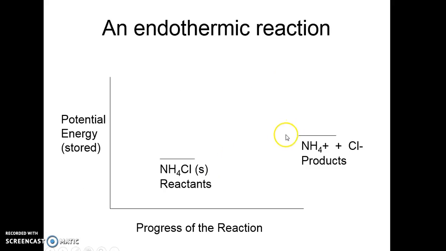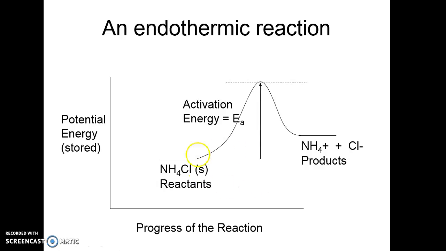Here's a reaction profile for that. Here's the ammonium chloride as a solid, and here is the ammonium and chloride ions in solution. We're going up in energy. This too has an activation energy. Here's the activation energy. Bonds have to be broken before new bonds form.